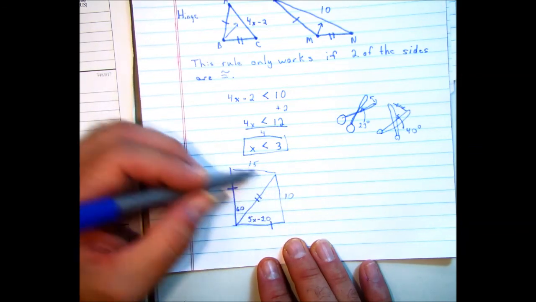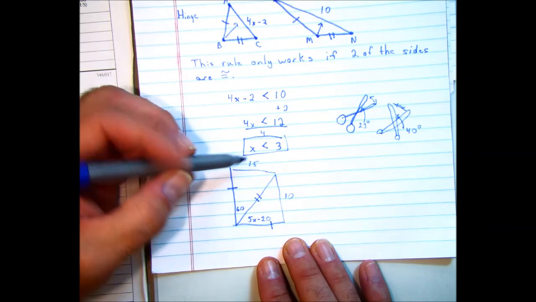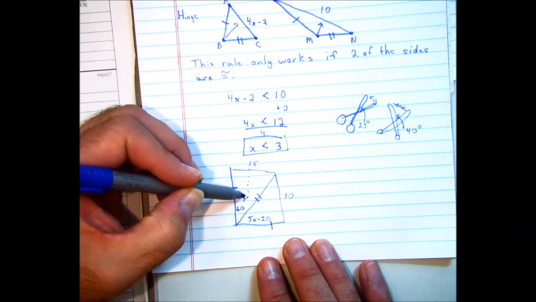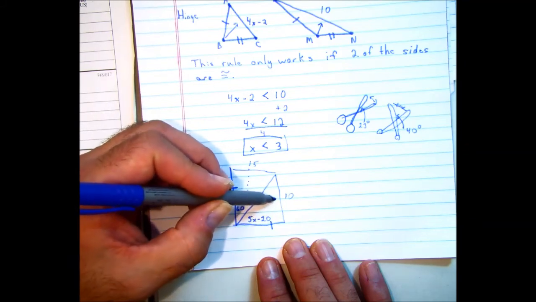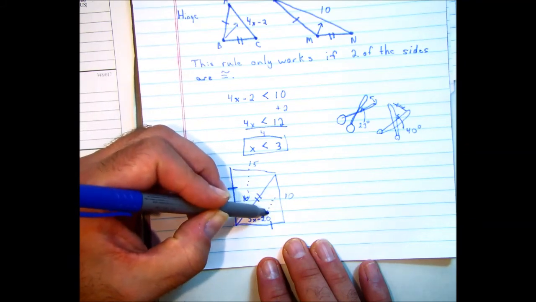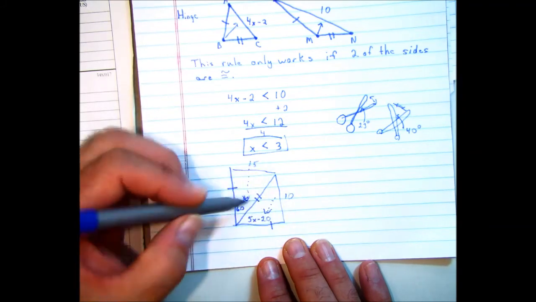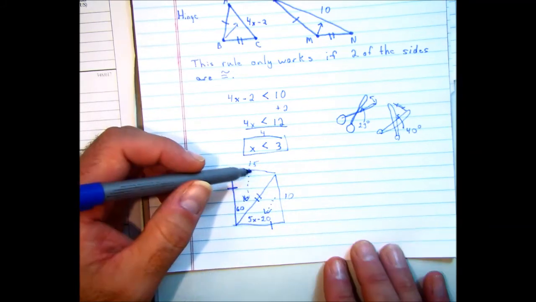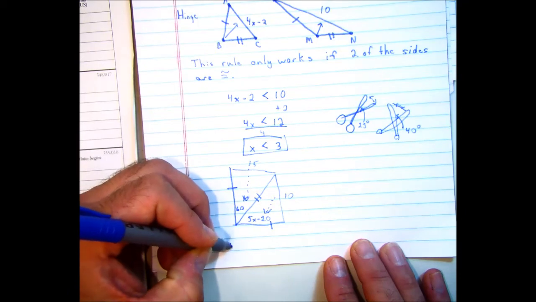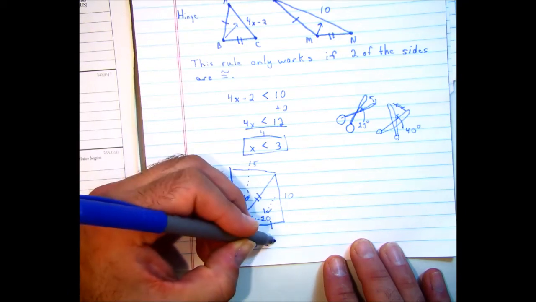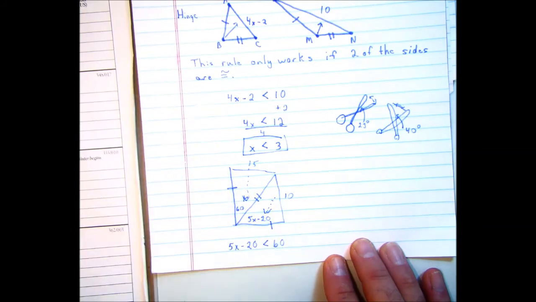In other words, which of the 2 sides is bigger? That means across from those sides, which angle is bigger? Okay, so 15 is bigger than 10, which means 60 has to be bigger than 5x minus 20. So to write that out, I'd have 5x minus 20 is less than 60. And then I can do my math.